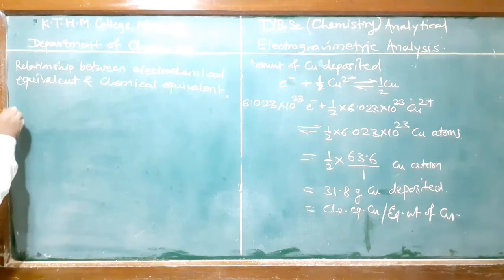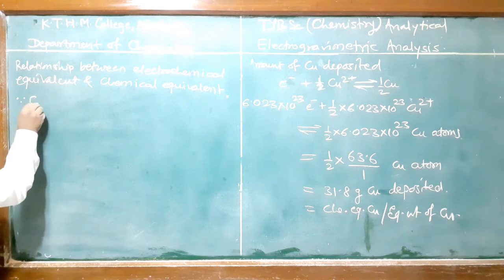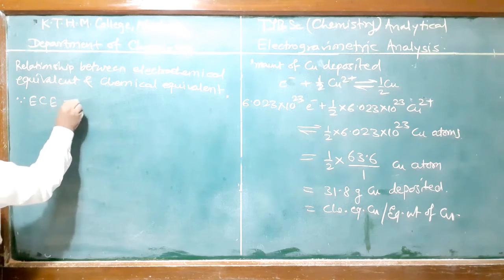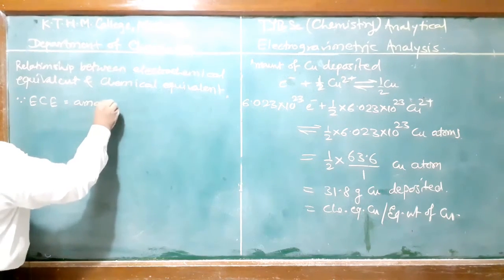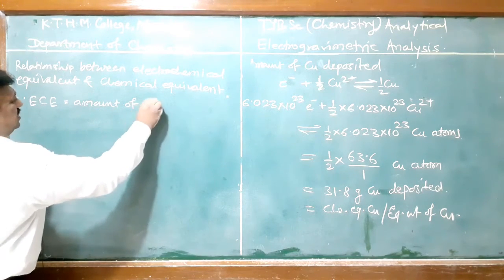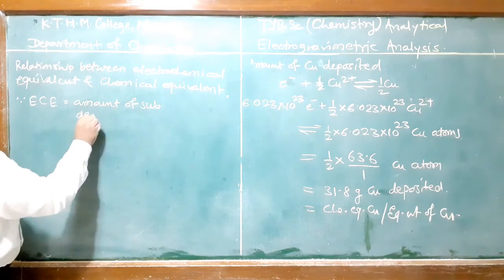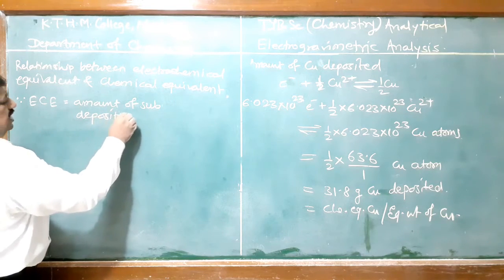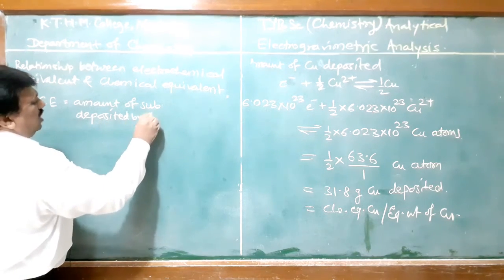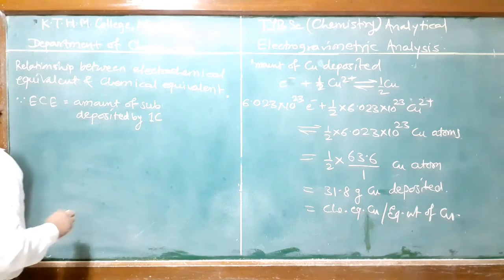Therefore, here we know that electrochemical equivalent is the amount of substance deposited by 1 coulomb of electric charge.